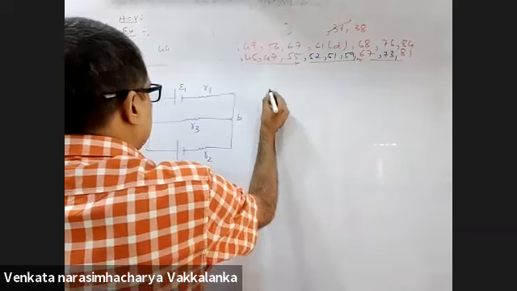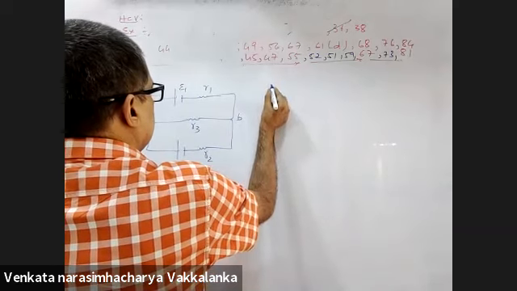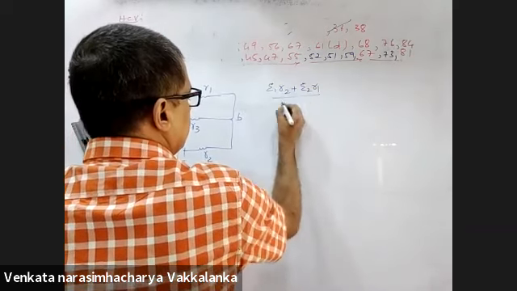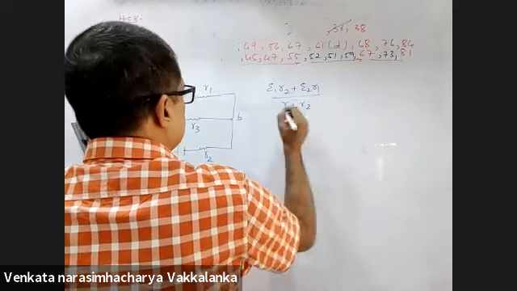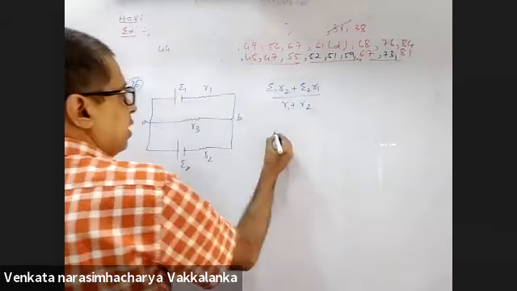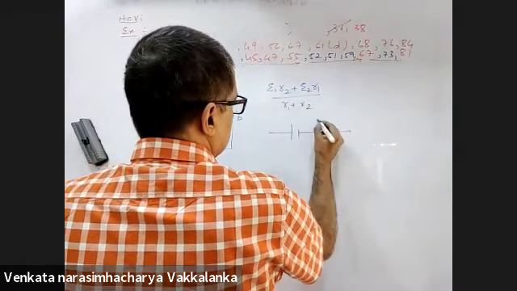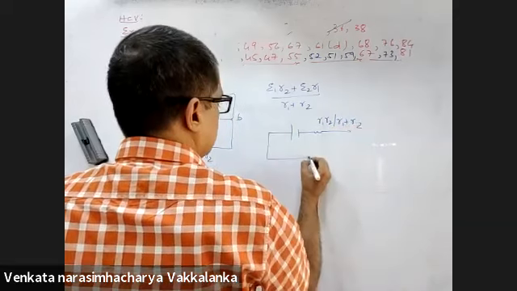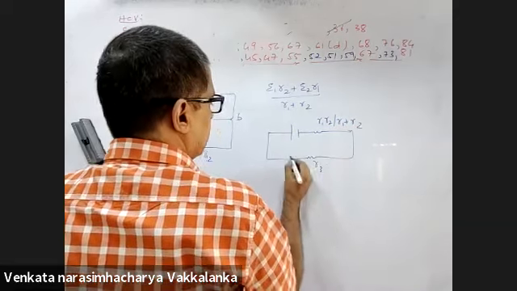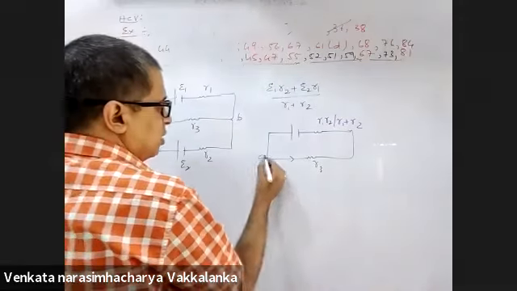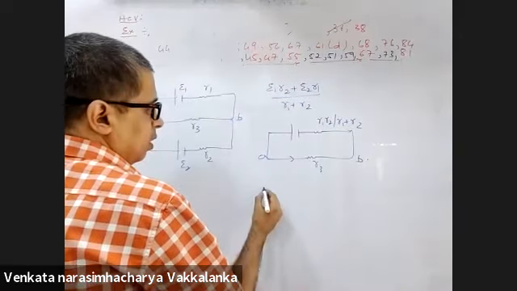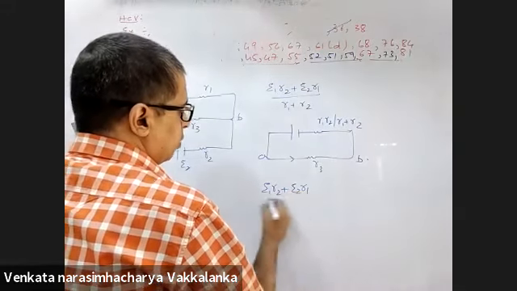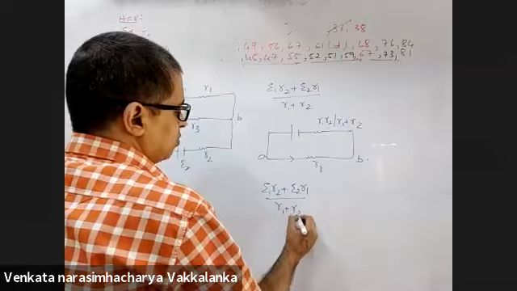So the equivalent EMF will be (E1 R2 plus E2 R1) divided by (R1 plus R2). The equivalent resistance will be R1 R2 upon R1 plus R2. This is R3. Potential difference across AB will be I into R3.